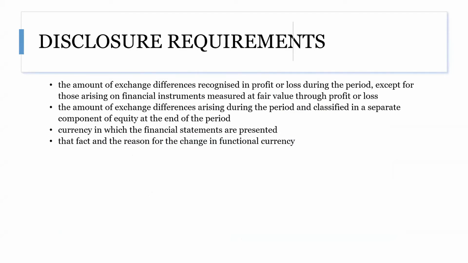The amount of exchange differences recognized in P&L during the period, except for those arising on financial instruments measured at fair value through profit or loss. The amount of exchange differences arising during the period and classified in a separate component of equity at the end of the period, the currency in which the financial statements are presented, and the fact and the reason for the change in functional currency.